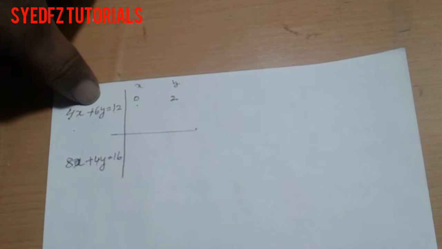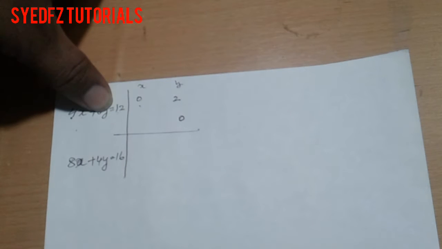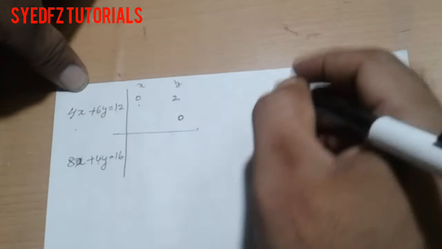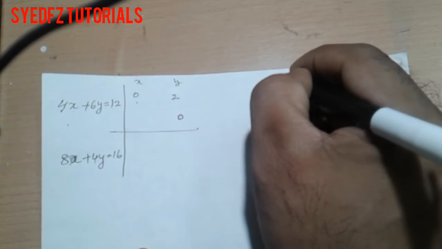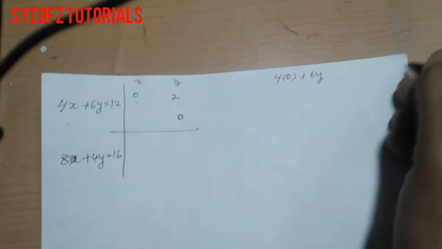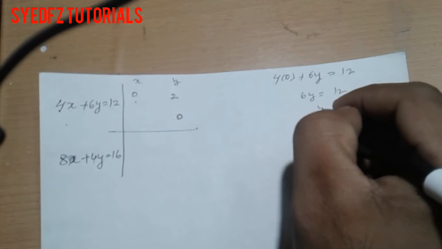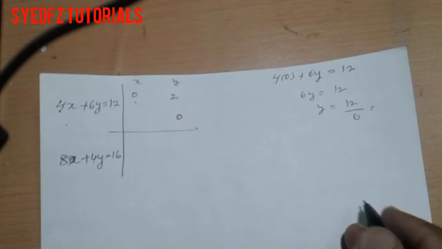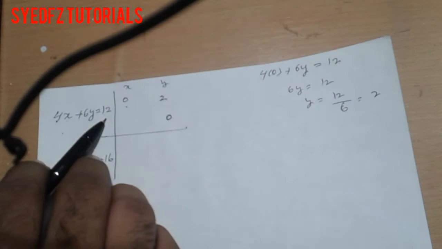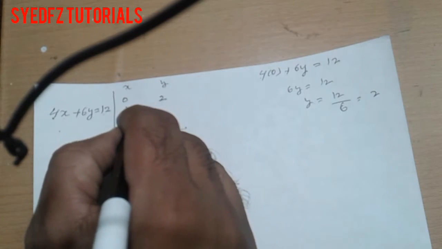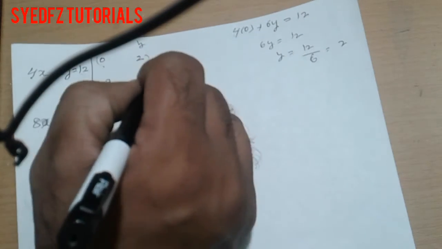In the second case put 0 in y, then you have only 4x, so 4 goes under the 12, and 12 divided by 4 is 3. Like in the first equation, 4 times 0 plus 6y equals 12, 6y is equal to 12, then y is equal to 12 divided by 6, which is 2. These are the two extreme points, the first point and the second point.